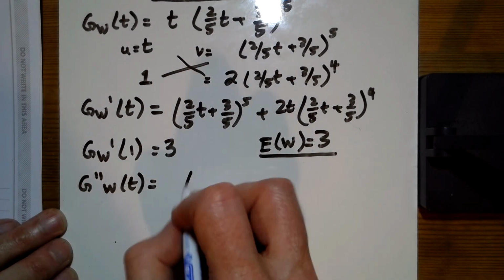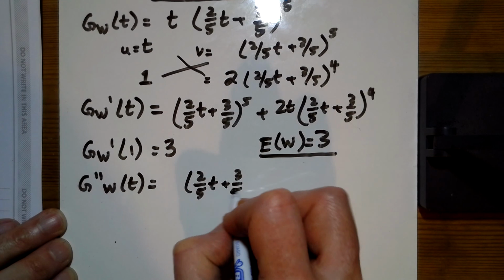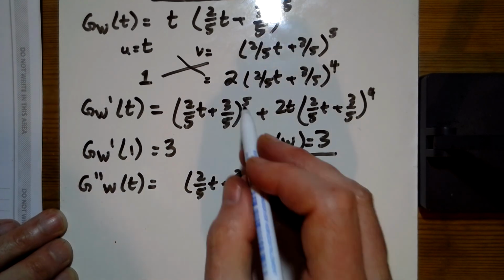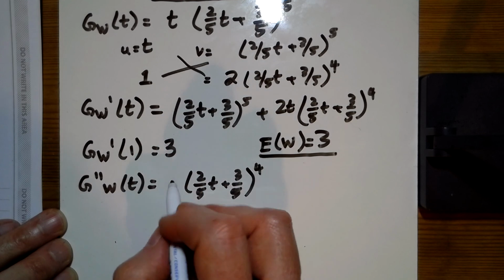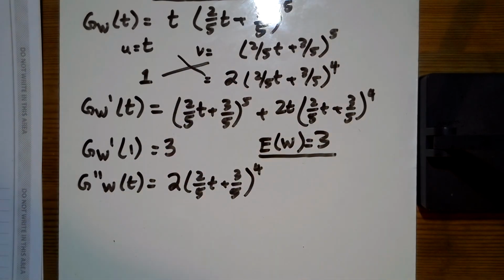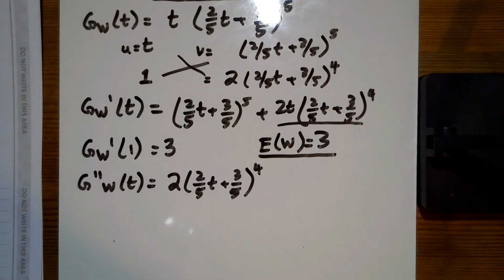So this bit here, no problem. 2/5 t plus 3/5 all to the power of 4, because the power's gone down by 1, but times by 5 and by 2. So we got a 2 in front of that one there again. But then you've got a product rule happening from this bit here, haven't you?